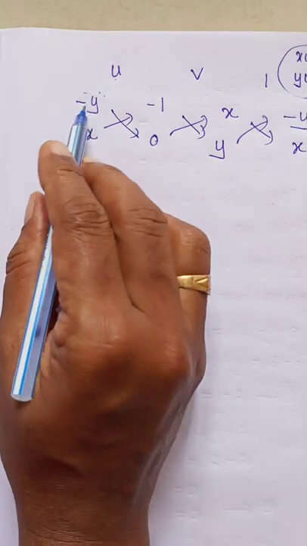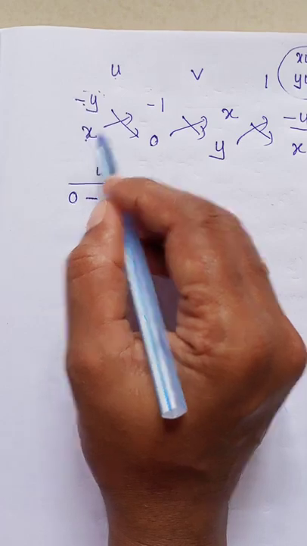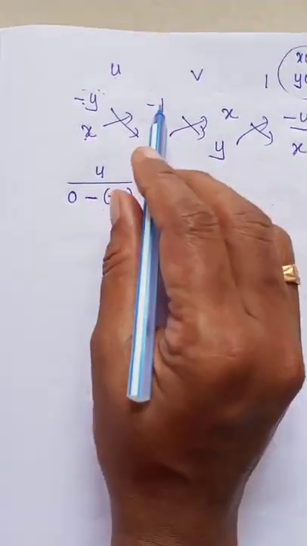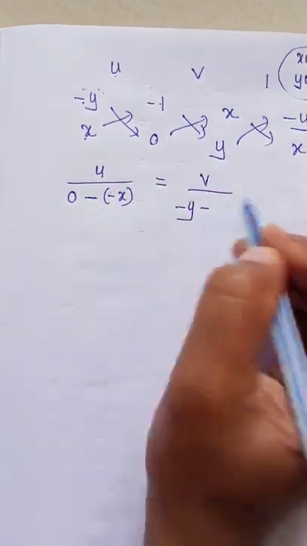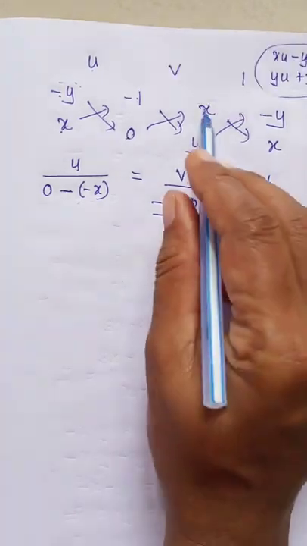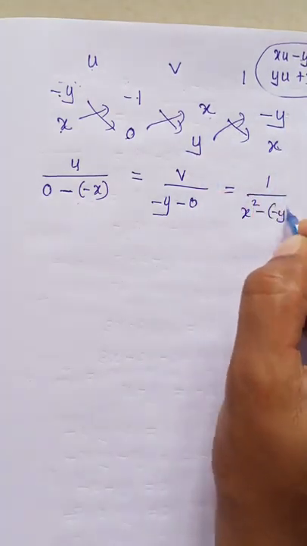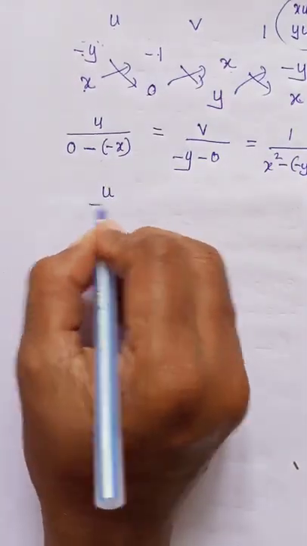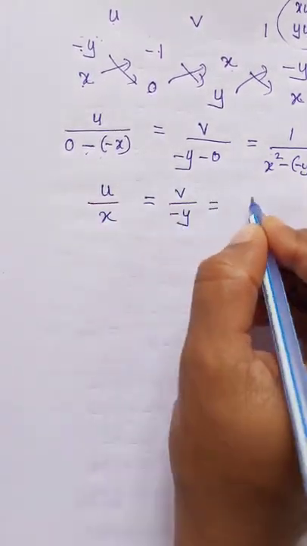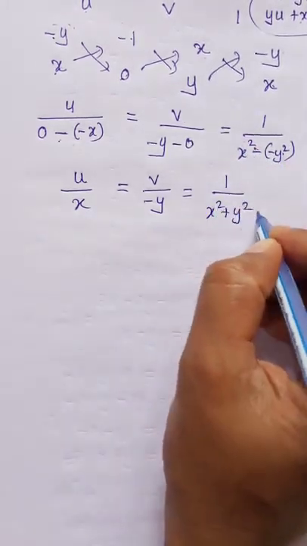u divided by minus y into 0 is 0, minus the next arrow, x into minus 1 is minus x, equal to v by minus 1 into y minus 0 into x is 0, which is equal to 1 by x into x, square, minus y into minus y is minus y square. Or u by x equals v by minus y equals 1 by x square plus y square.